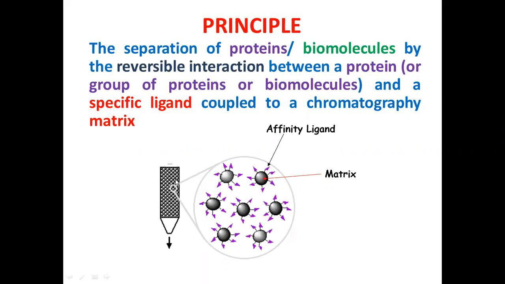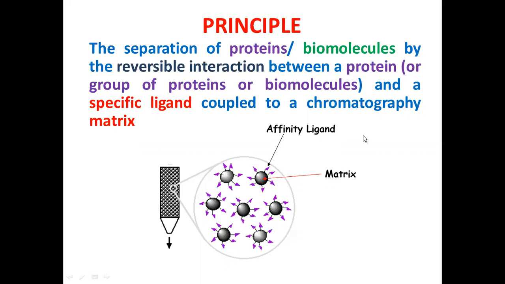So, assume a chromatographic column is filled with a matrix, and the matrix has been bound with a bioselective ligand. Why do we call this a bioselective ligand? Because this ligand is the phase responsible for the separation of biomolecules. There will be a selective interaction between the proteins and the ligand during the separation of biomolecules.